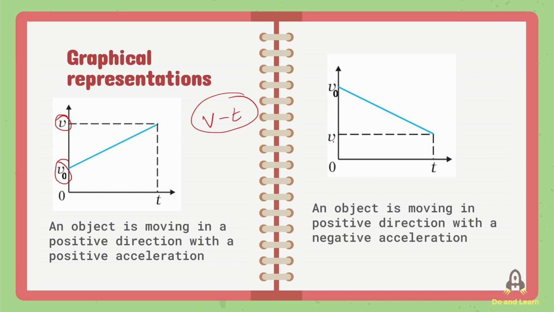Second, an object is moving in a positive direction with a negative acceleration. If you apply the brake, the car still moves forward and only then stops. So the car is moving in the positive direction, but the velocity reduces from initial velocity v0 to final velocity v. This is positive direction but negative acceleration.